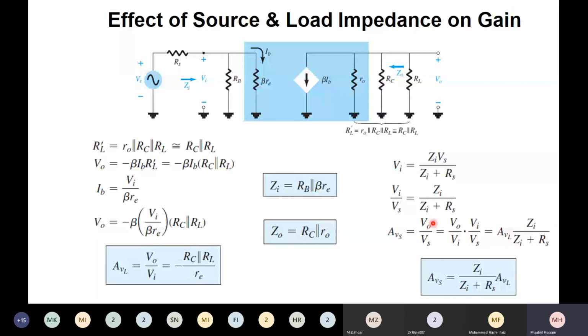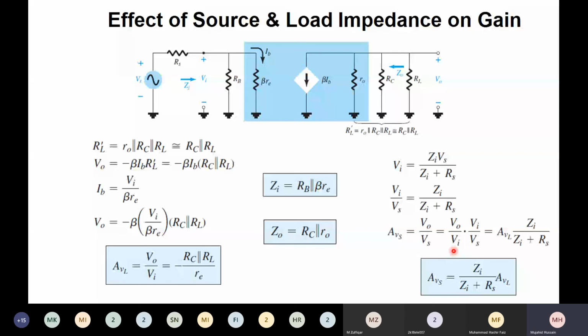As you see over here, this is Vo, this is Vs, only we have introduced another multiplier which is Vi. We have divided by Vi and also multiplied. Why? It will be clear now, because we have the equations of these two factors. We have already calculated the equations for these two factors.